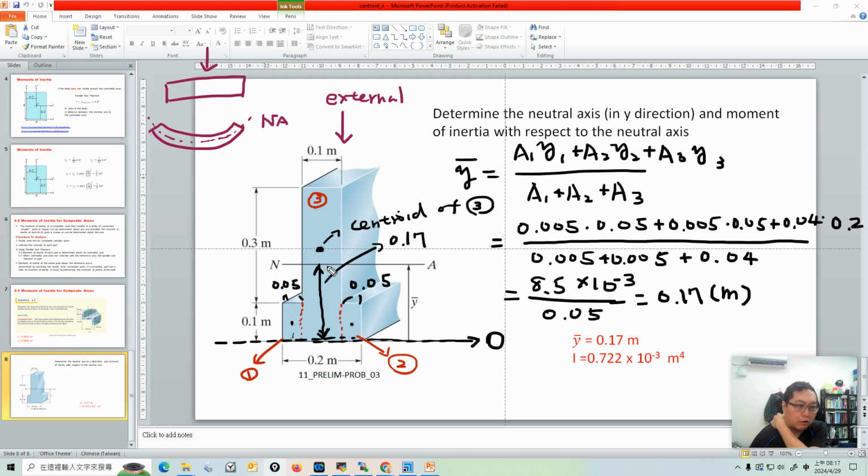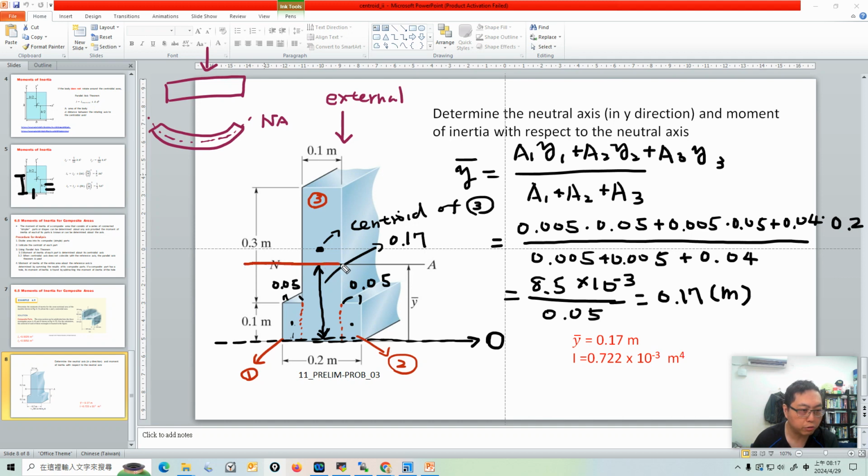We use the same division 1, 2, 3, no change. So we start to calculate I1 first. Right now you have to be careful. Your neutral axis is here.